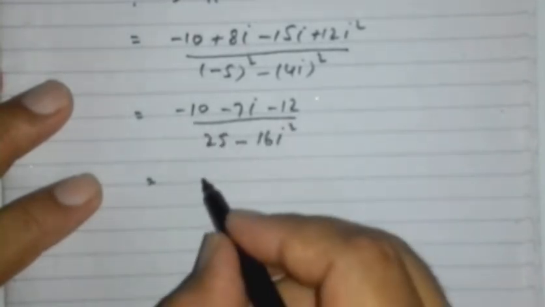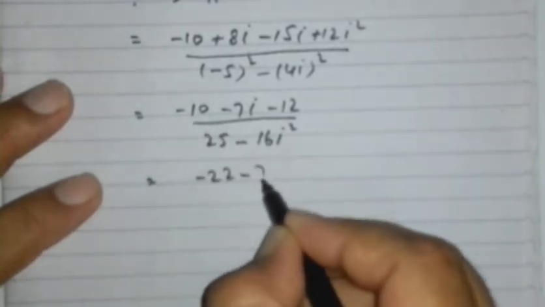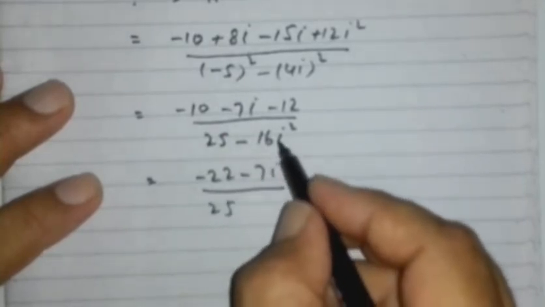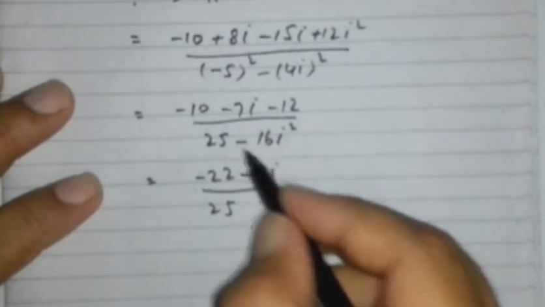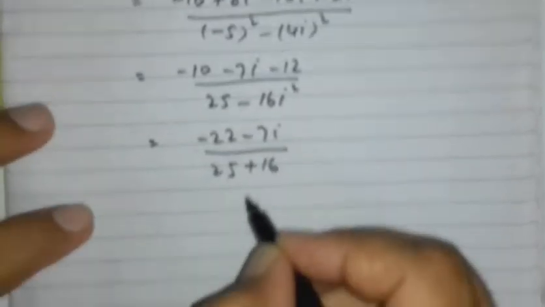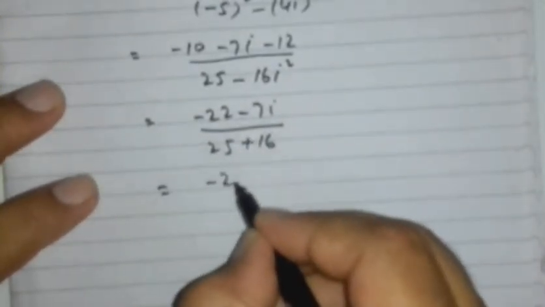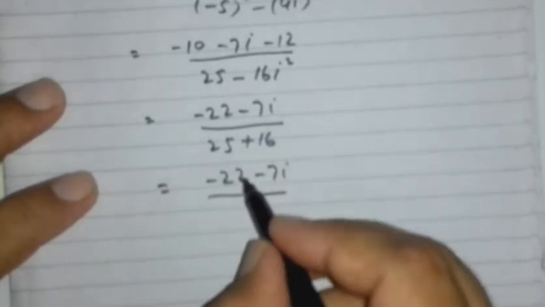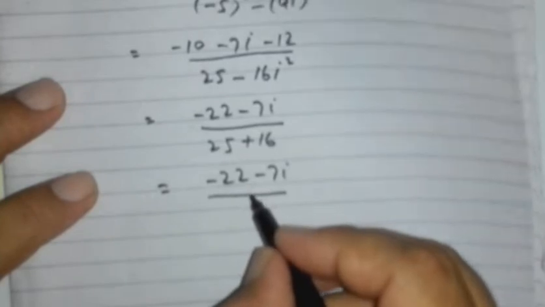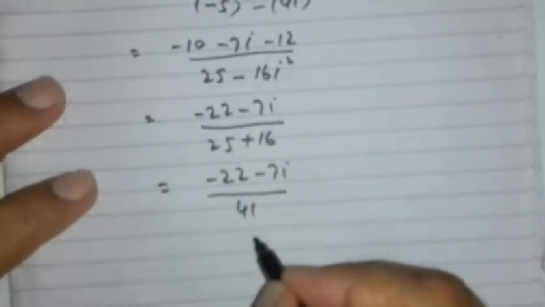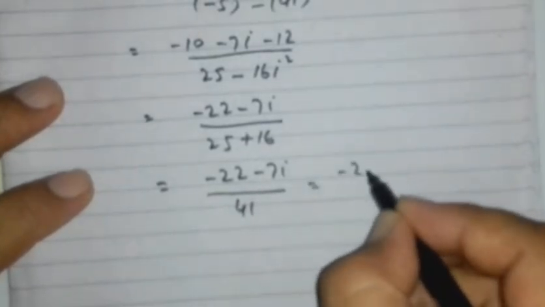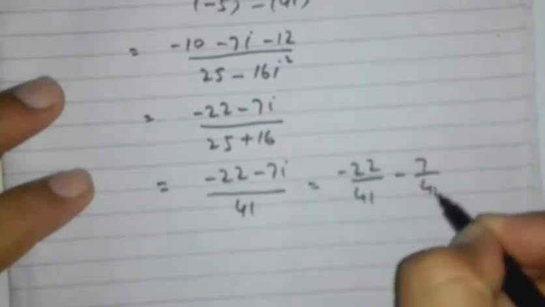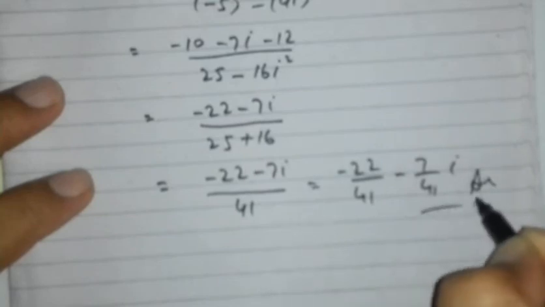Minus 10 minus 12 is minus 22, minus 7 iota, divided by 25 minus 16 iota square, where iota square is minus 1, so minus into minus gives plus 16. So here we get minus 22 minus 7 iota divided by 16 plus 25, 41. So we can write it as minus 22 by 41 and minus 7 by 41 iota. This is the answer.